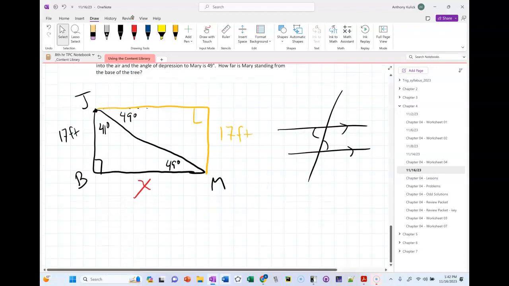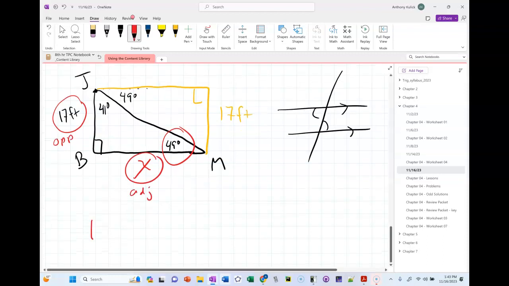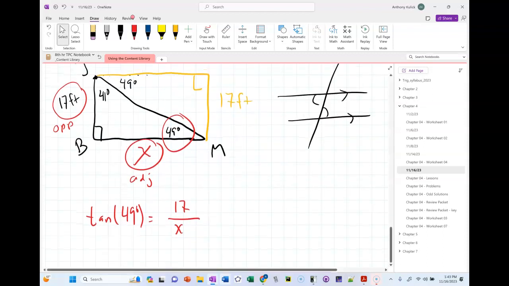Okay. All right. So let's just say that we drew our triangle, I don't know, use this one. So relative to that 49, the side we know is opposite, adjacent or hypotenuse? Opposite. And the x is adjacent, so we need to be using tangent. So I can say tan 49 is equal to opposite 17 over adjacent x. Think about this as a proportion.